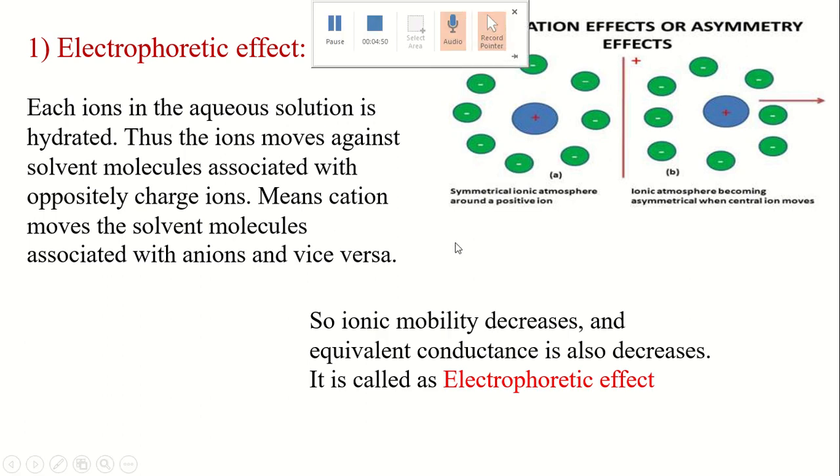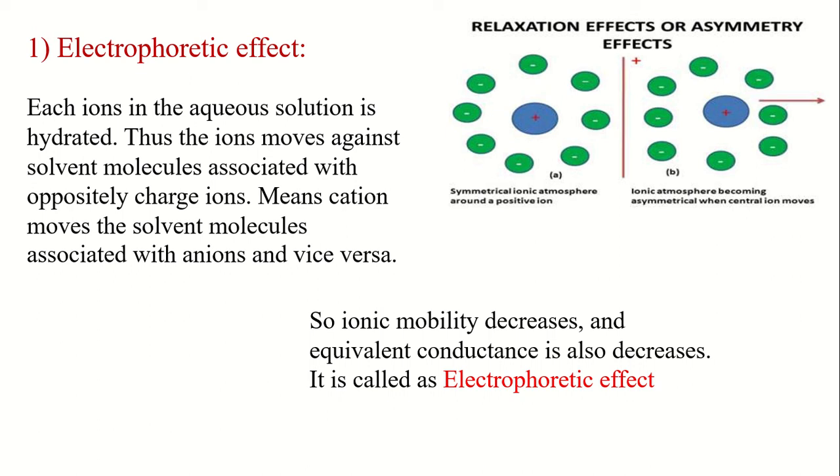Therefore, ionic mobility decreases, lowering the equivalent conductance, and such an effect is called the electrophoretic effect. Friends, the cation is surrounded by a sphere of anions and the anion by a sphere of cations. But solvent molecules also move along with the surrounding ions, and thus the solvent molecules decrease the speed of the ions, and hence equivalent conductance also decreases.